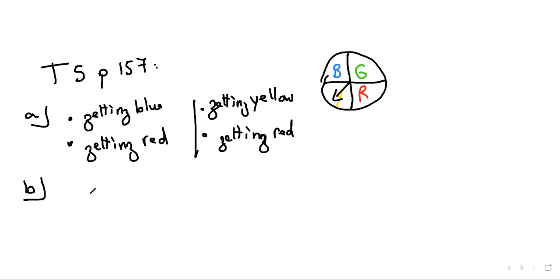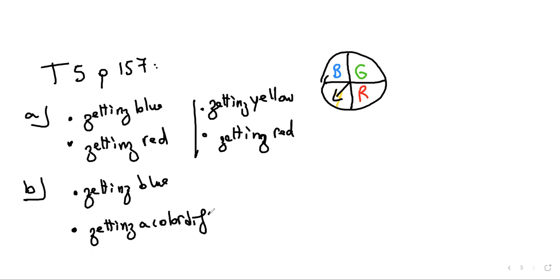For B, list two outcomes that are not mutually exclusive. So I need to think about two outcomes that can happen at the same time. For example, I can think about getting blue, and I will take the second event to be getting a color different than red.